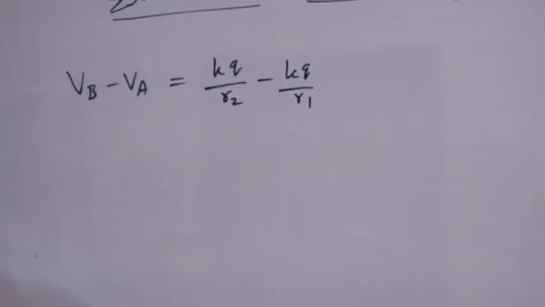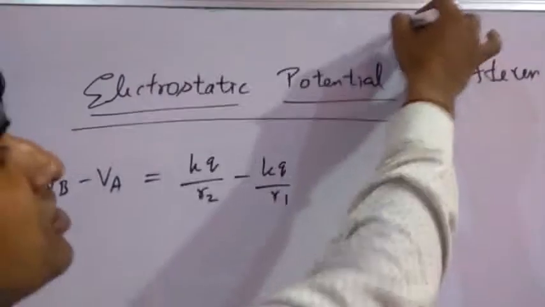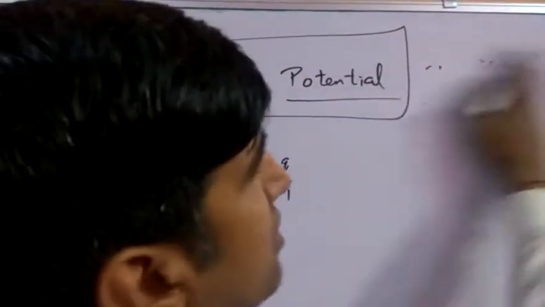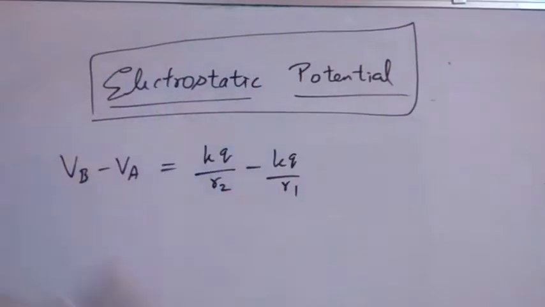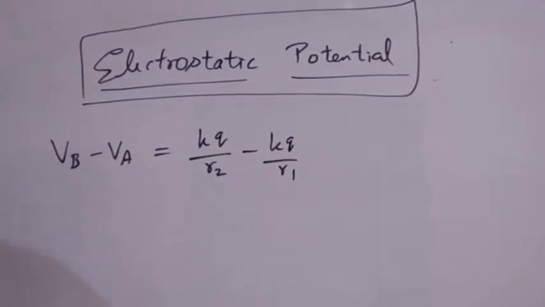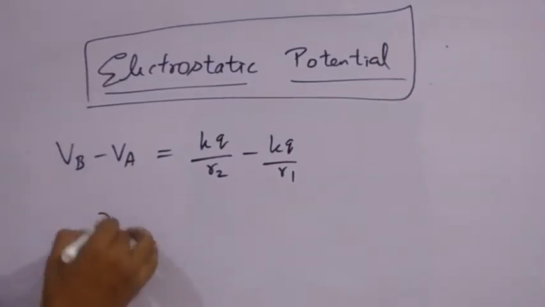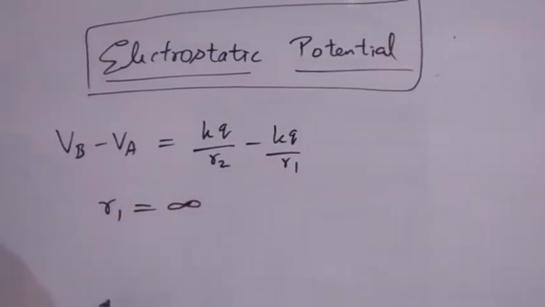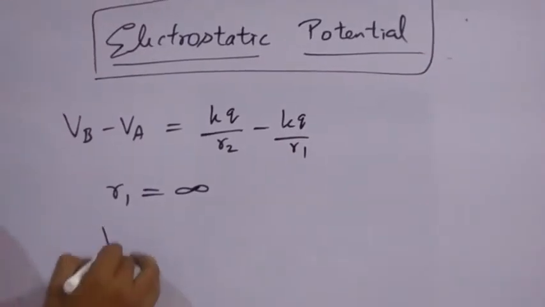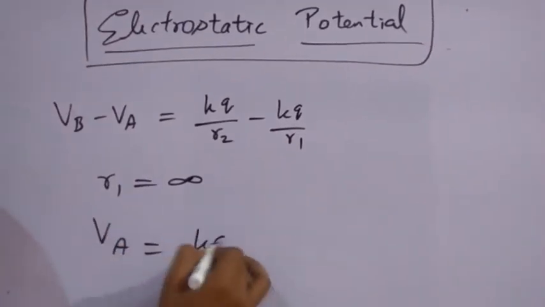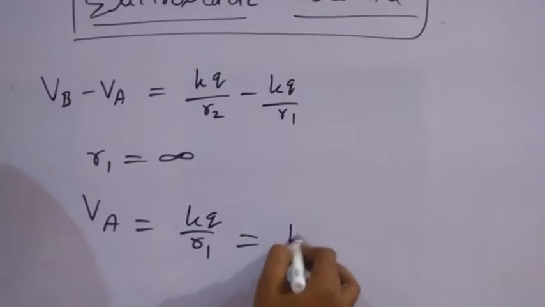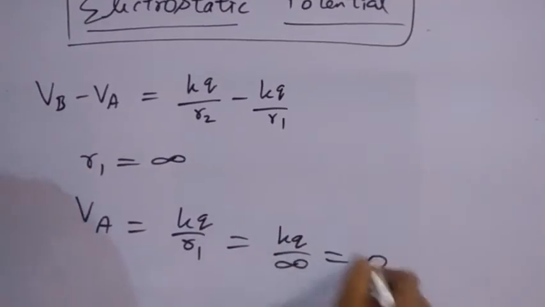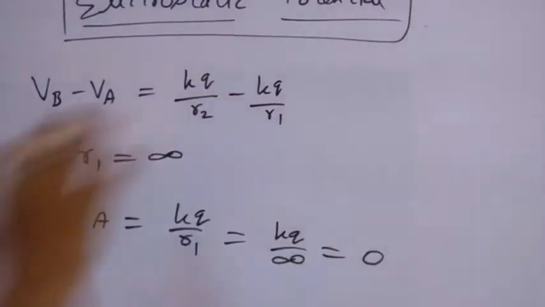Now if we are dealing with electrostatic potential only, not difference, it will be at some point in the electric field. So if R1 is equal to infinity, then VA will be equal to KQ by R1 is equal to KQ by infinity is equal to 0. Potential at infinity would be 0.